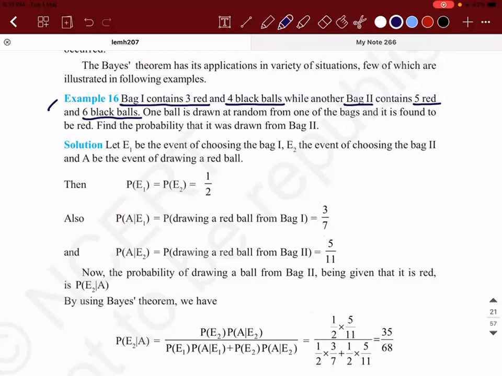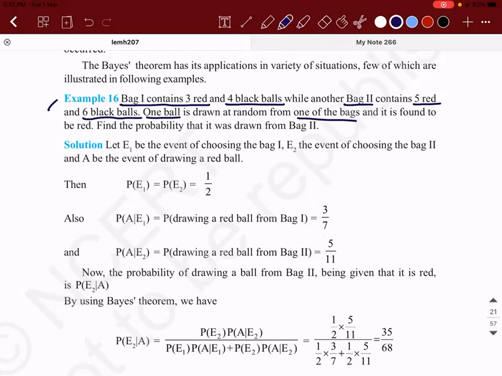So how to solve this? One ball is drawn at random from one of the bags and it is found to be red. Before you even take the ball, the first task is to pick the bag.